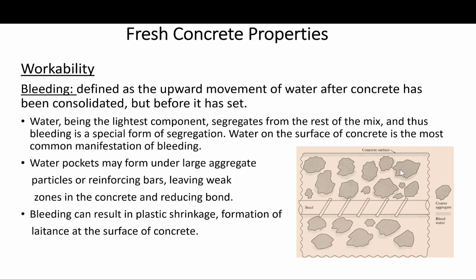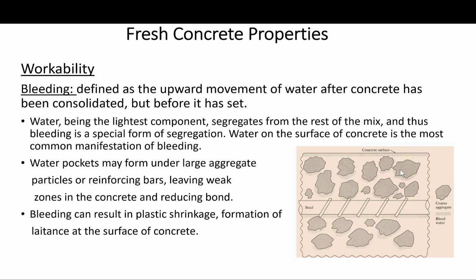Water on the surface of the concrete is the most common manifestation of bleeding. Bleeding is generally caused by the fact that, as the aggregate particles settle within the mass of the fresh concrete, they are unable to hold all the mix water.